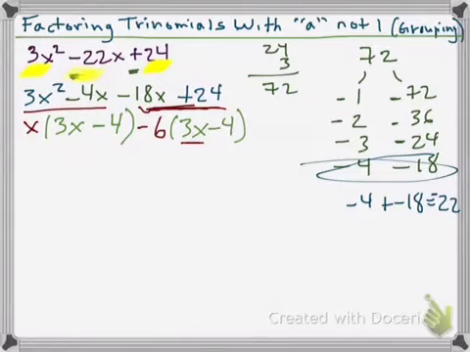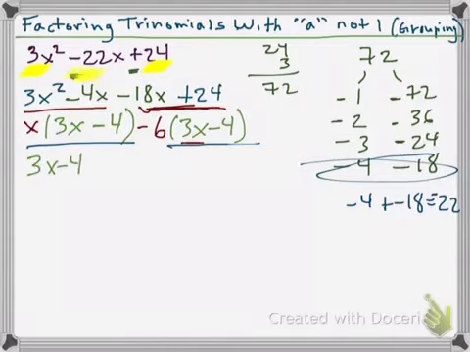And now I can keep factoring because now I only have 2 terms. I have this x times term and this negative 6 times term, and they both have something in common. Well, they have the binomial in green in common, and so I can divide out that common binomial.